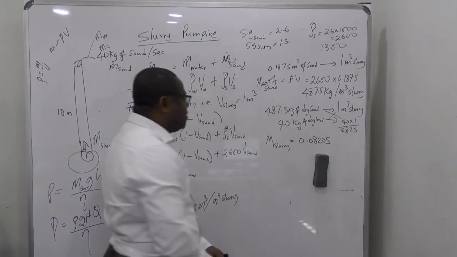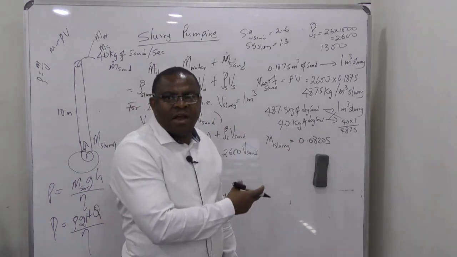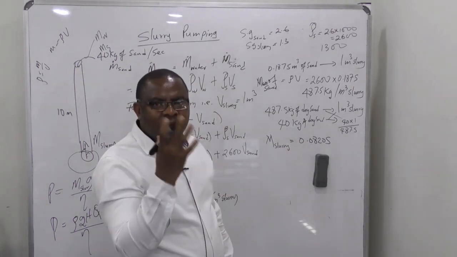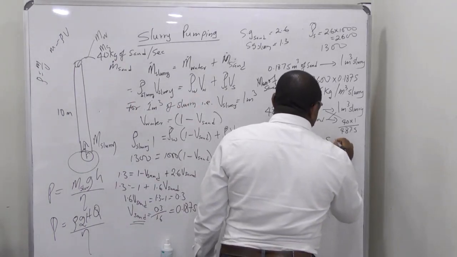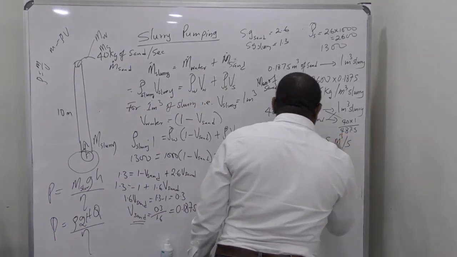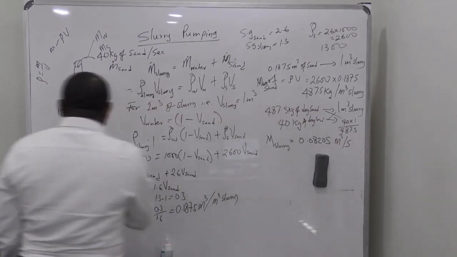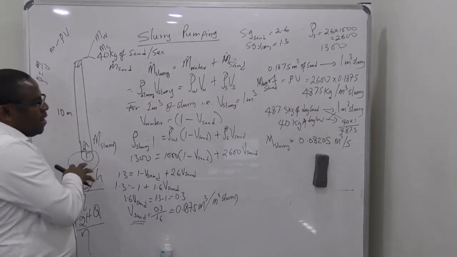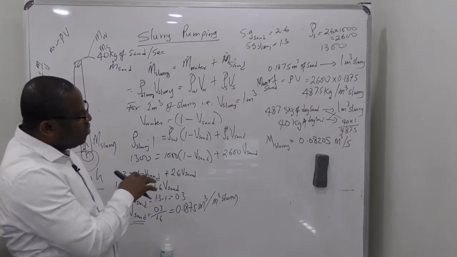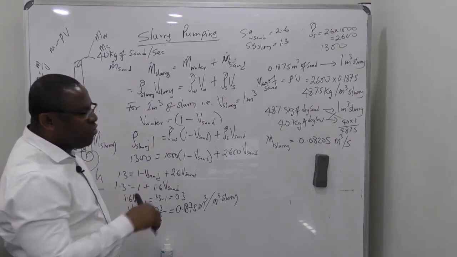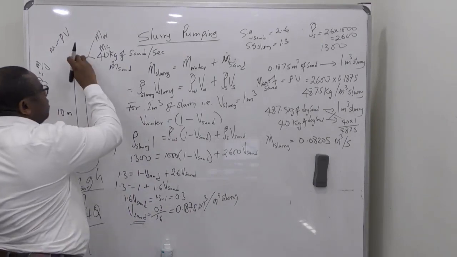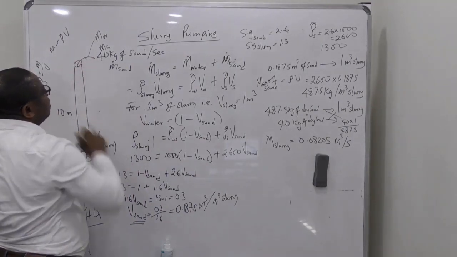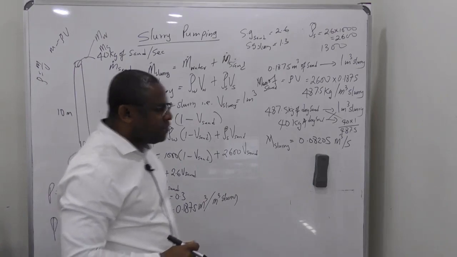So this will be how much? Remember that what we have here is now a meter cubed. So this is how much we need to mix here, about 0.08205 meter cubed of slurry that we need to pump to this point for us to get 40 kilograms of sand.